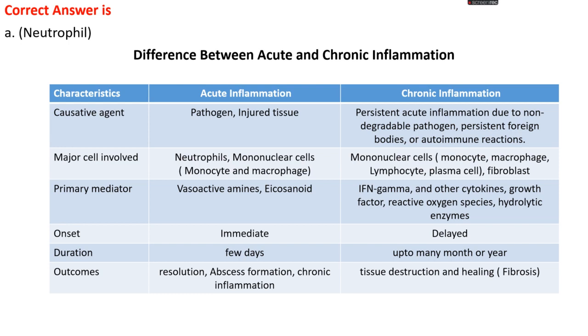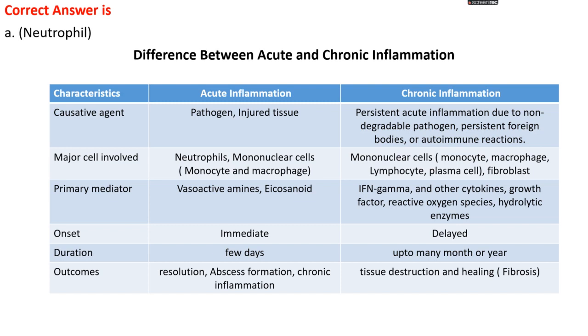Let's see the difference between acute and chronic inflammation. The causative agents of acute inflammation are pathogens and injured tissue, and the causative agents of chronic inflammation are persistent acute inflammation due to non-degradable pathogens, persistent foreign bodies, or autoimmune reactions. The major cells involved in acute inflammation are neutrophils and mononuclear cells, that is monocytes and macrophages.